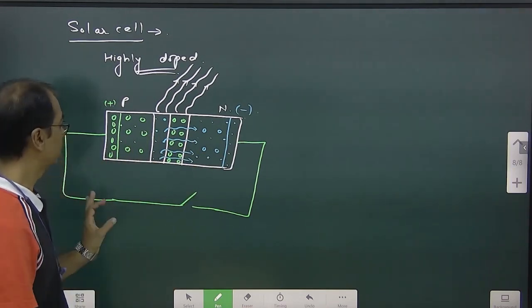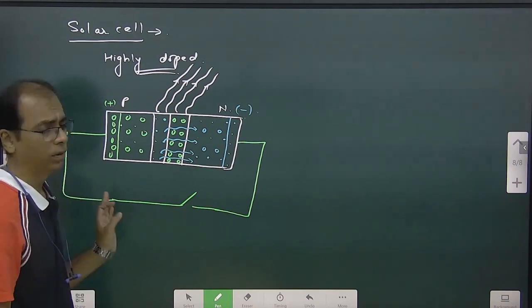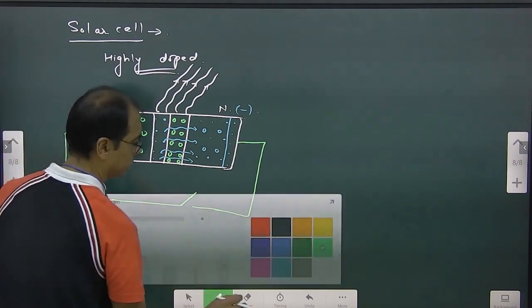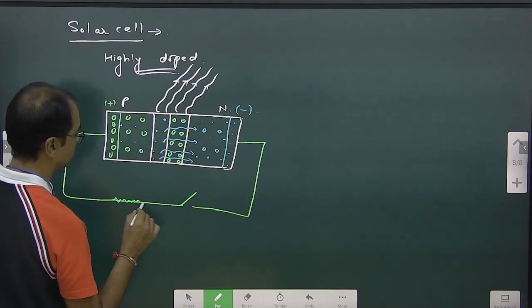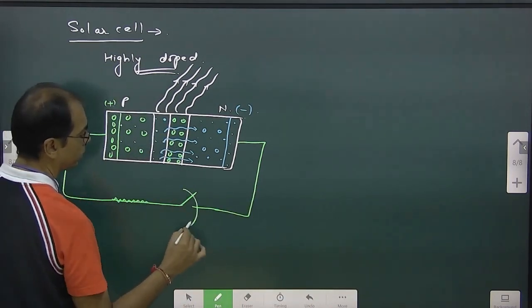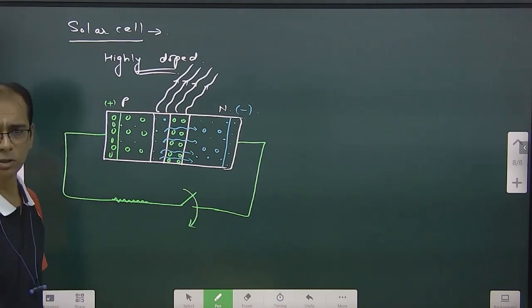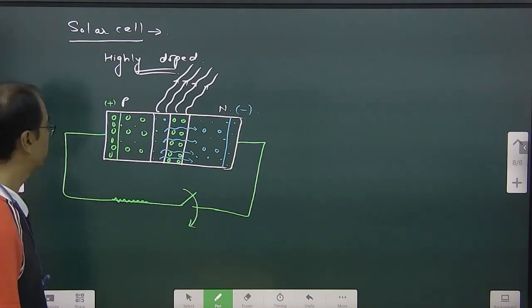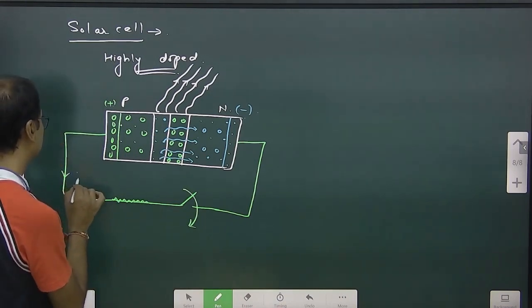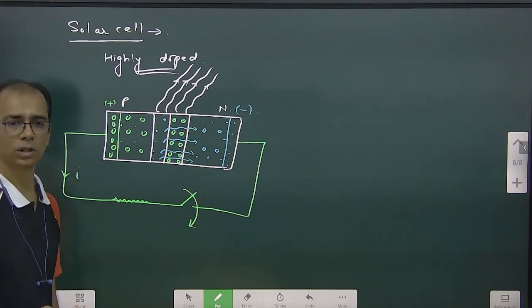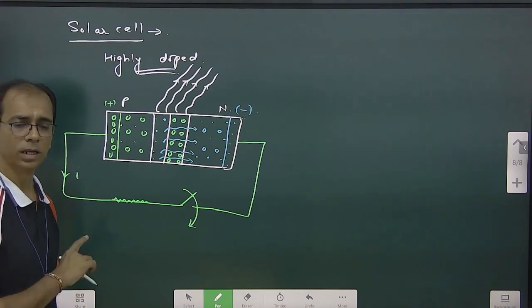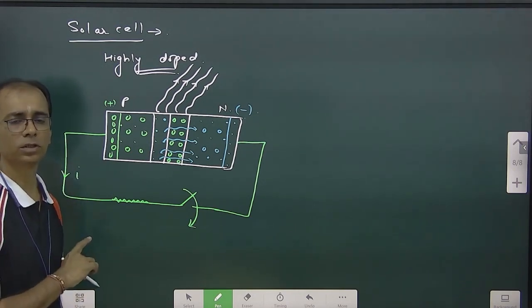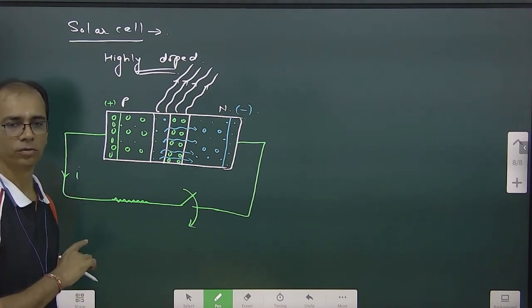Correct. And if you want, we can keep a resistance over here. When we switch it on, we will be getting current. So current will be like this. This is the direction in which current will be coming. Is the direction drift current or diffusion current?